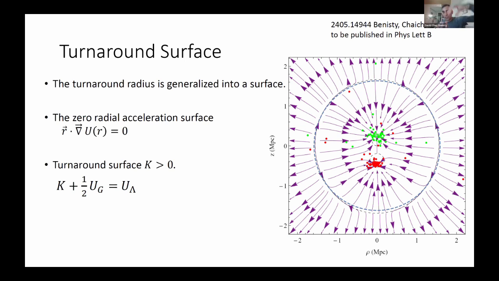Also, the Milky Way and Andromeda are infalling toward each other. So obviously, there is a surface that surrounds these galaxies, and also for other galaxy groups, that gives you the boundary that sets the decoupling from the local attraction to the cosmic expansion.